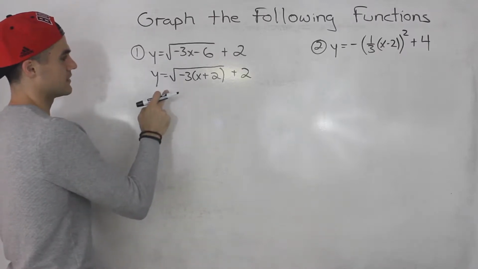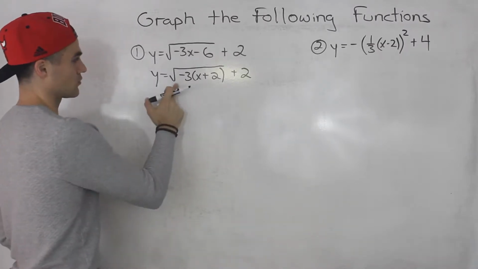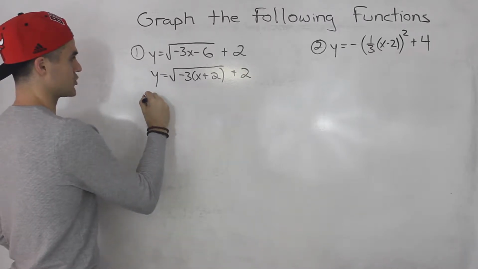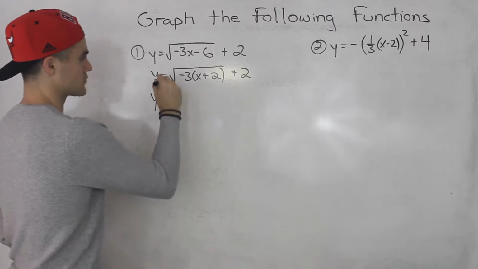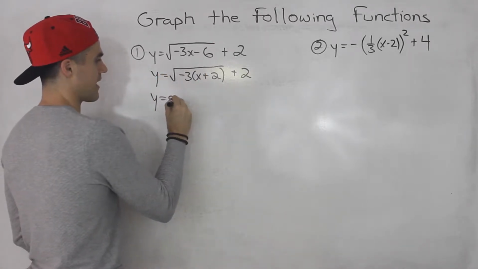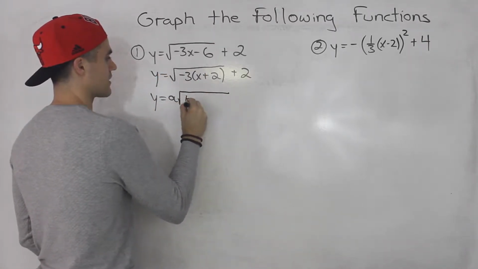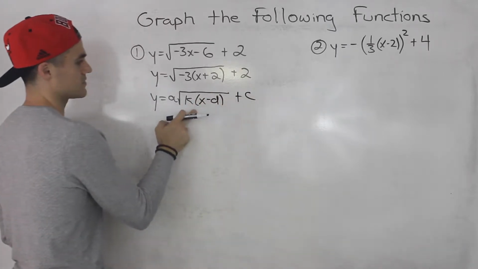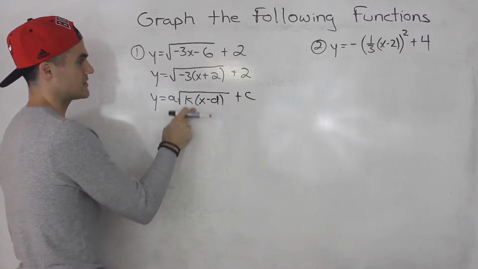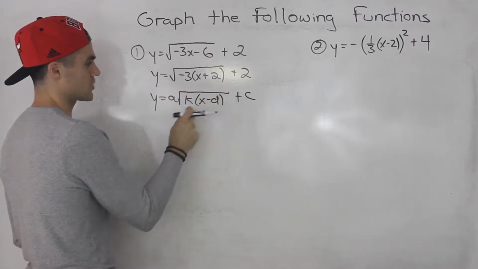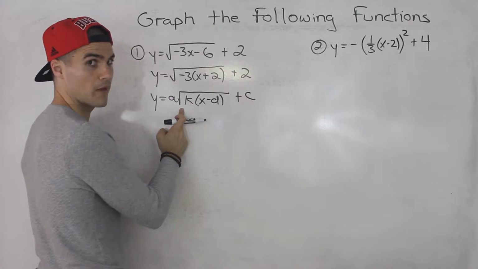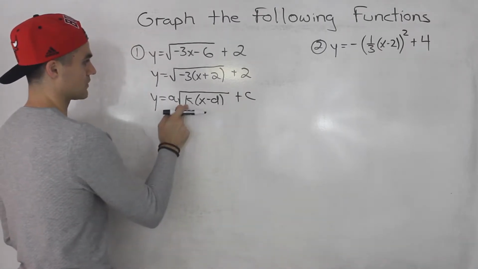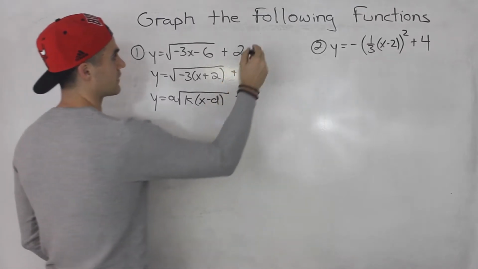Now notice that the parent function that we're dealing with is the square root function, and it's been transformed. In general, the transformed root function looks like a root k bracket x minus d, plus c. So you may want to write this down. Any square root function you run into that's transformed, you want to have it in this format. Then you want to figure out what's the a value, k value, d value, c value.